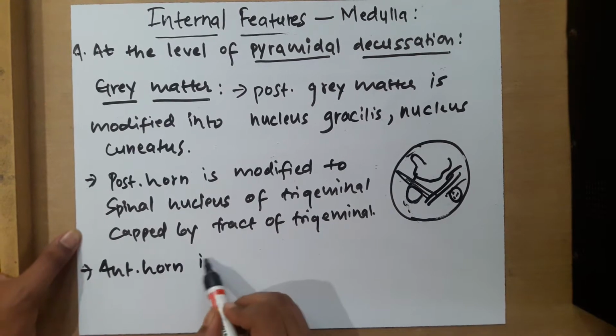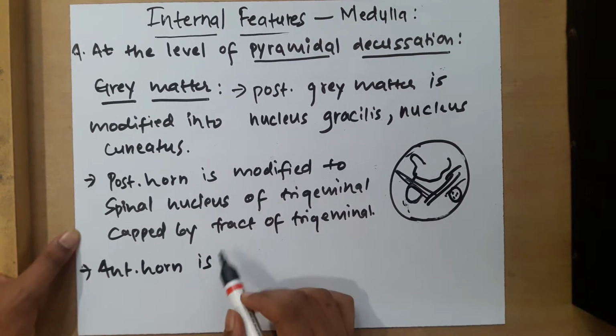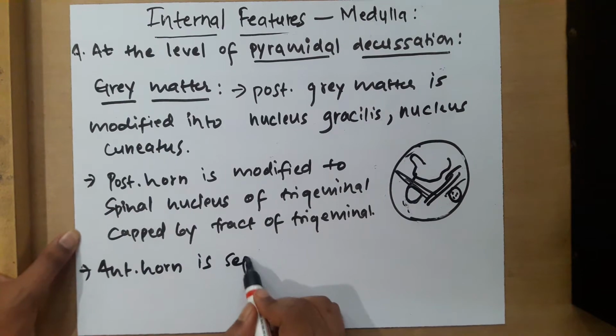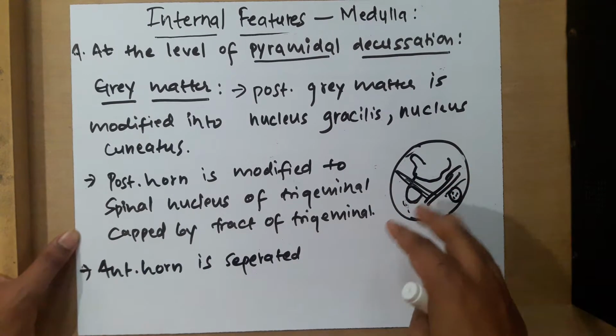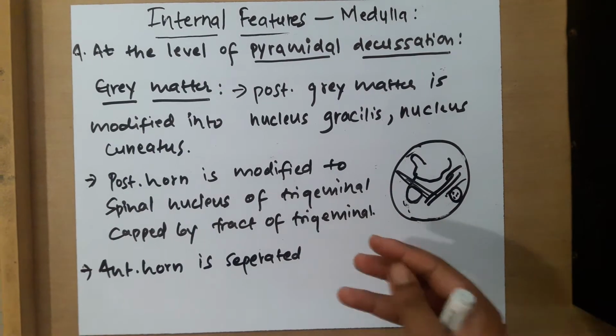Okay, anterior horn is separated from the central gray matter. So you can locate it, and you'll understand it much better when you draw the diagram.